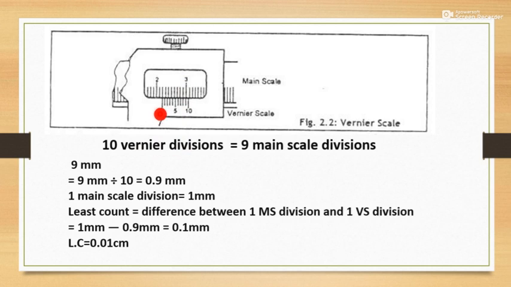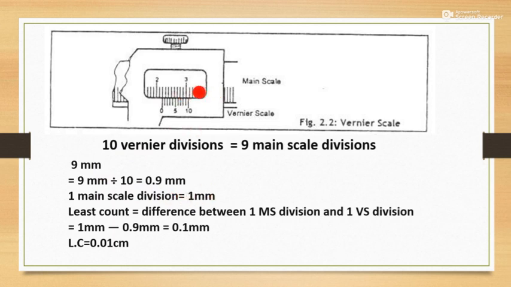You can see here 1 to 10 divisions of the vernier scale, and these 10 divisions are equal to 9 main scale divisions. In millimeters, that is 9 millimeters, which means that one main scale division is equal to 1 millimeter, and 9 divisions are equal to 9 millimeters. Now if we divide 9 millimeters by 10, one main scale division is equal to 1 millimeter.